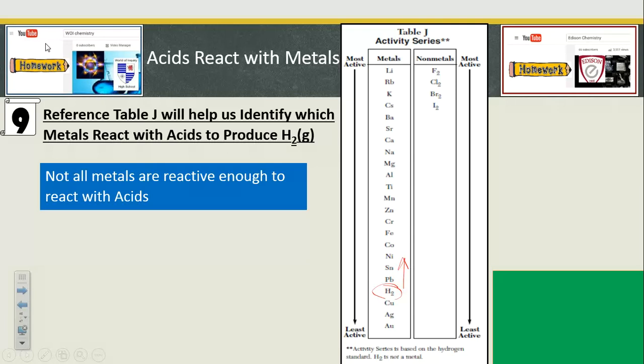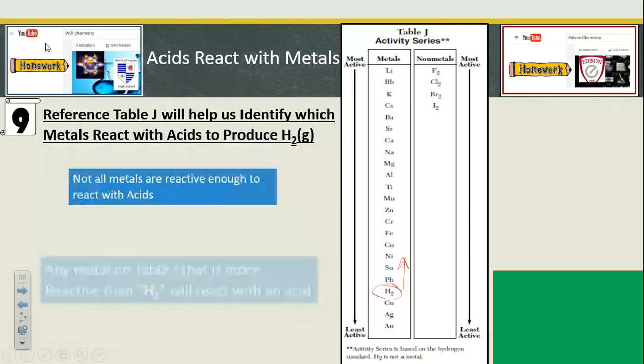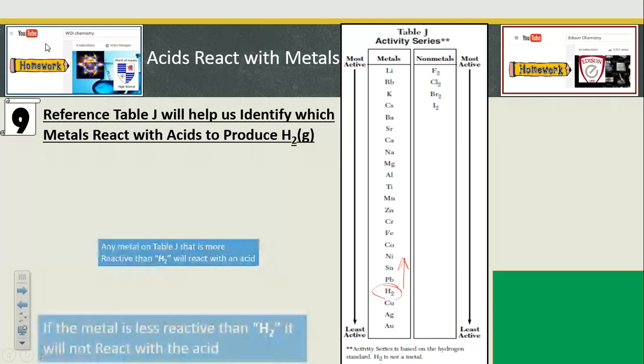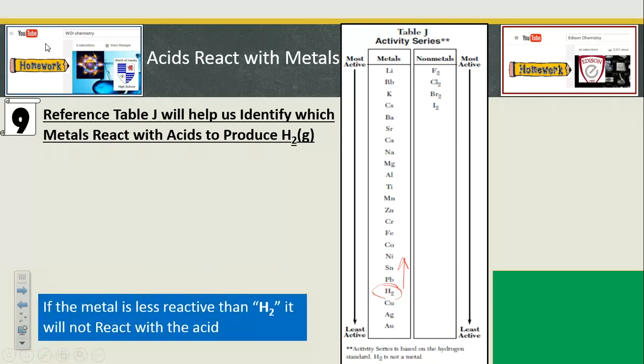Practically everything else does to varying degrees. So like I said, any metal that is more active than H2 will react with acid. H2 is not a metal, but it's put in there again to give us that frame of reference for whether the acid will react with a metal. If the metal is less active than H2, it will not.